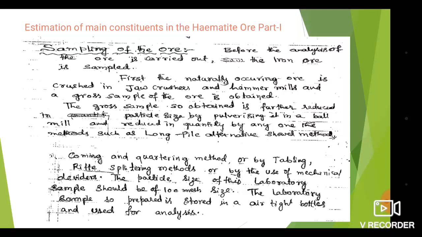Why do we keep this sample in an airtight bottle? Because we do not want interference from moisture or other gases, or occlusion of impurities other than these constituents.